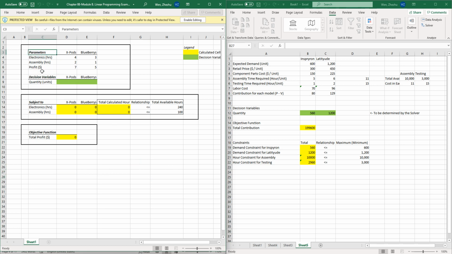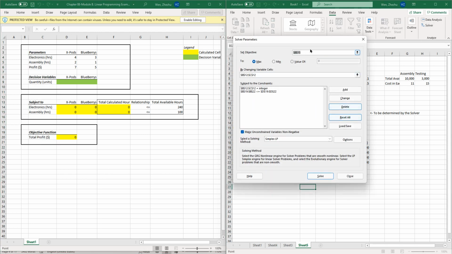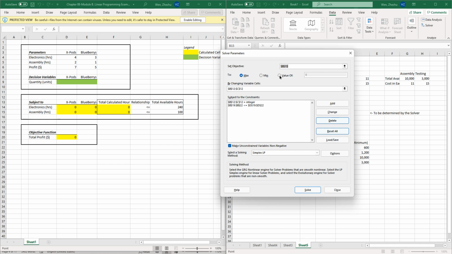Once all these are identified, with the solver, it's basically to fill in the blanks here using the information you have prepared on your spreadsheet, and then to run it with Simplex LP. Okay, this concludes the demonstration. I hope this helped.